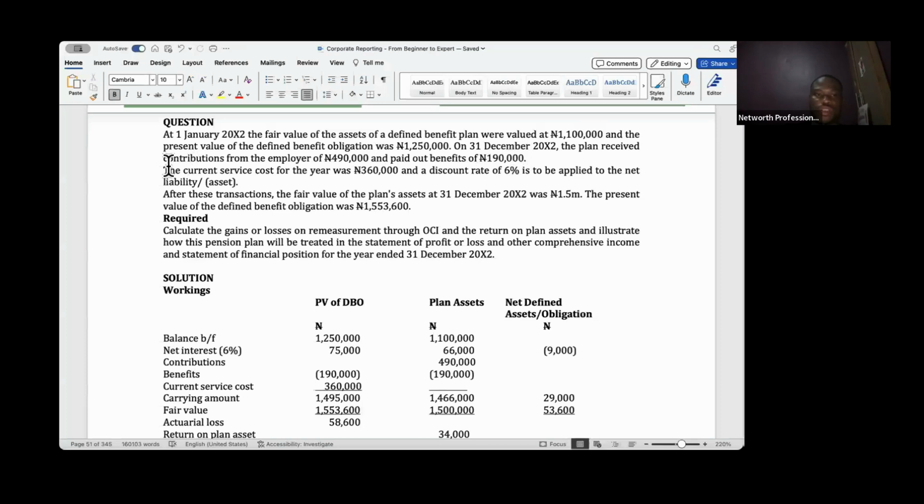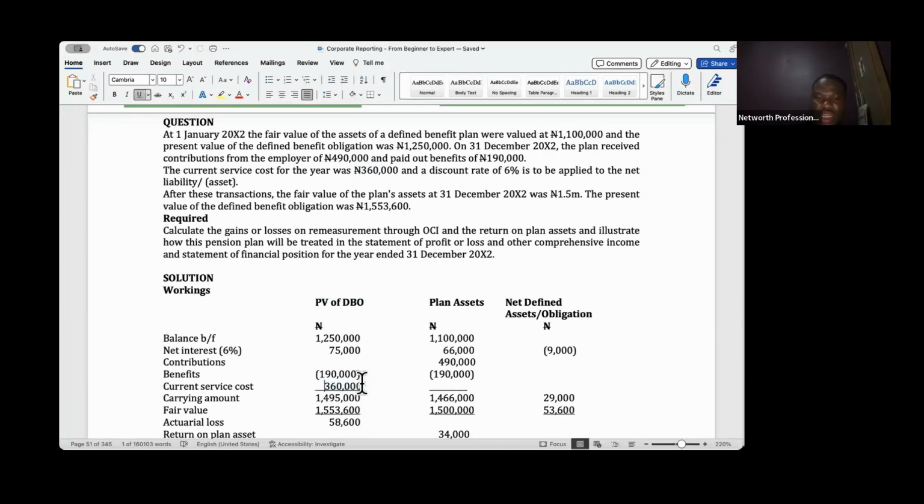Then going forward, in the next paragraph, they told us that the current service cost for the year was 360,000. And this current service cost, if you remember, I told you this is what built up the defined benefit obligation.